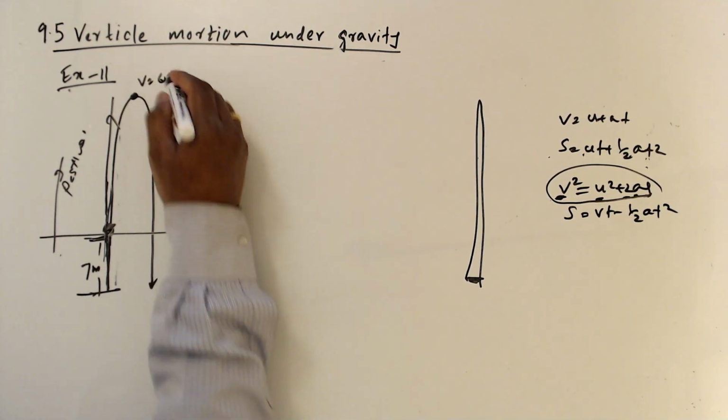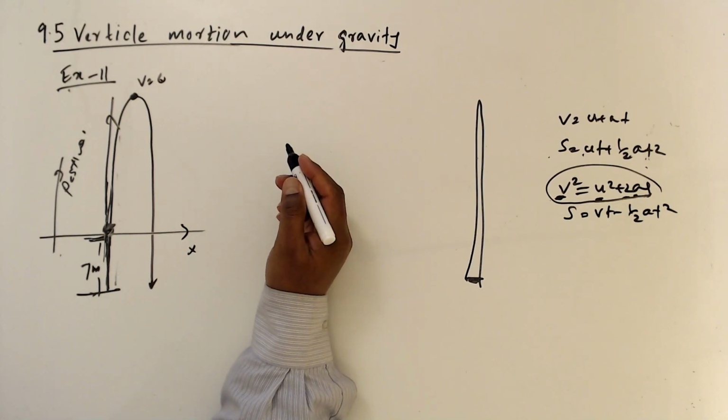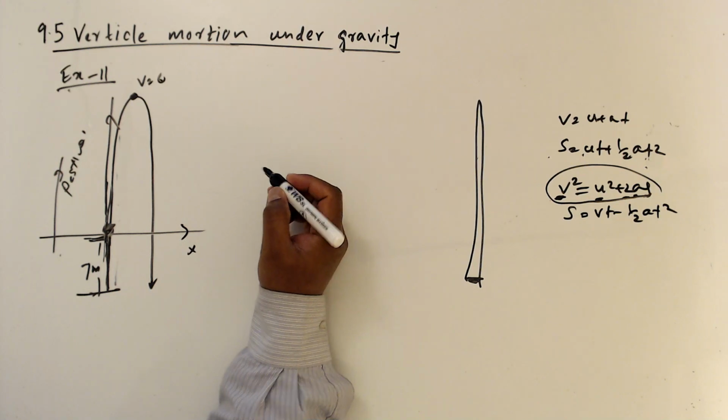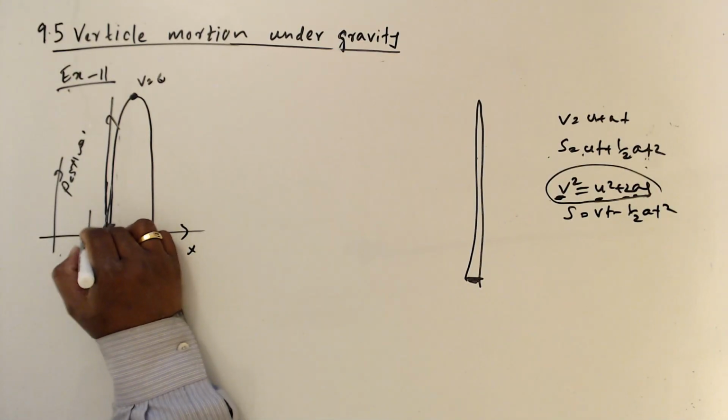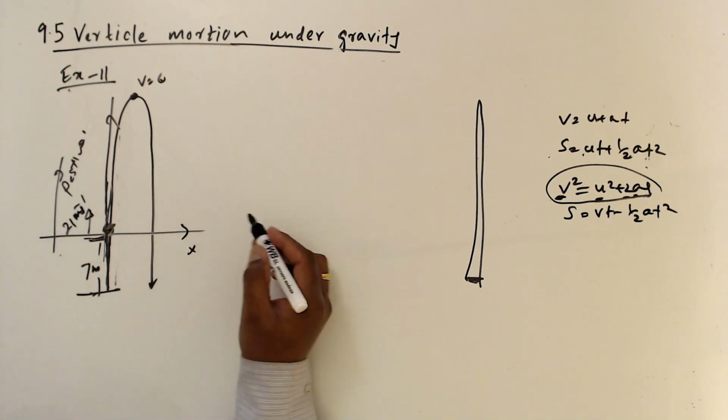So v value is 0 when it's at the maximum height, and the projection speed is 21 ms^-1.